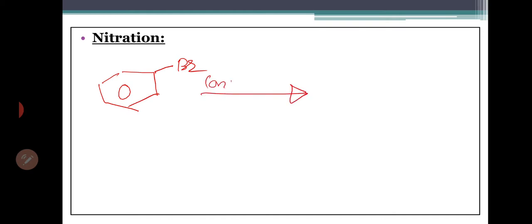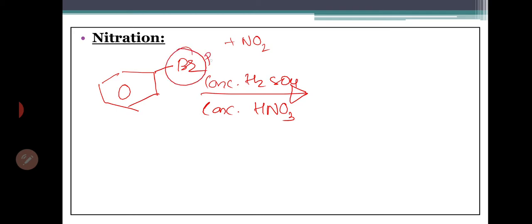Now next is nitration. If this is your haloarene, bromobenzene, in nitration we use concentrated H2SO4 and nitric acid; whether to use concentrated or dilute depends on the derivative of benzene. Then the nitro group will add to the benzene ring, and the position to which it adds will be decided by bromine.